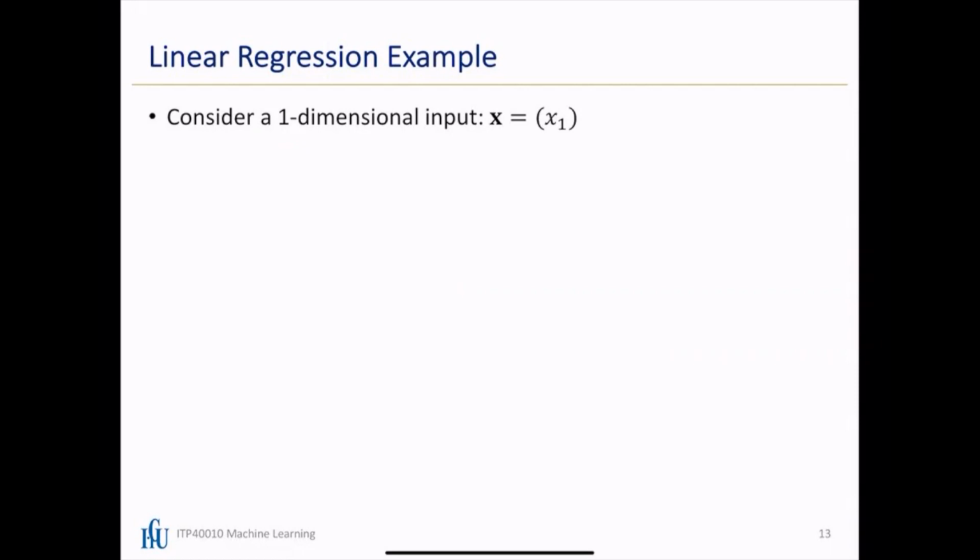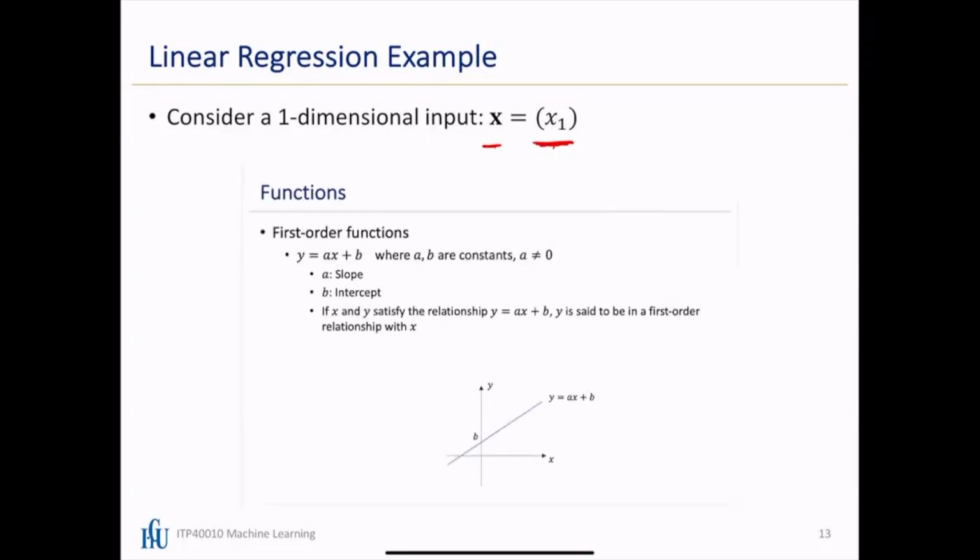So let's first consider one-dimensional input. So x is indeed one dimension, so it's actually a scalar, not a vector. And in that case, you can imagine the first order function that we discussed in the beginning of the semester. So this is a simple line in the Cartesian space.